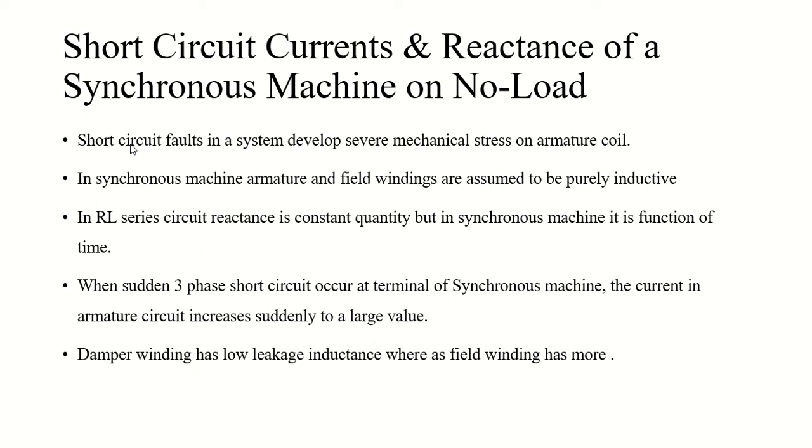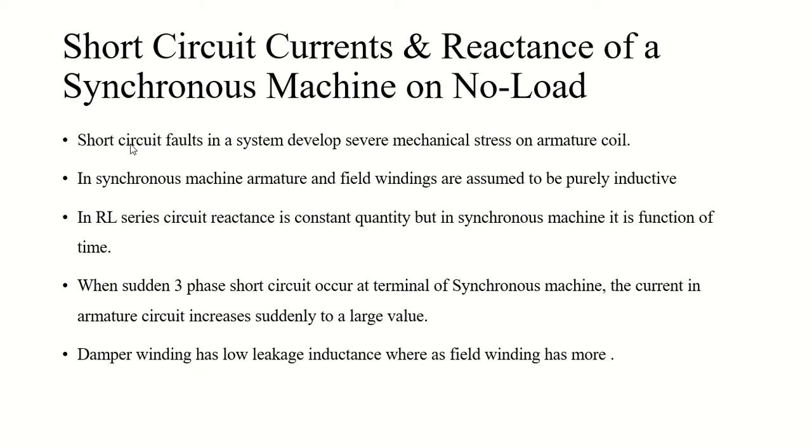So the analysis of a synchronous machine under short circuit condition is very helpful in predicting any possible conditions resulting from abnormal operations. In a synchronous machine, always remember the armature and field windings are assumed purely inductive, and because of that, the flux linkage in the armature and field circuit will not be able to change suddenly, right?